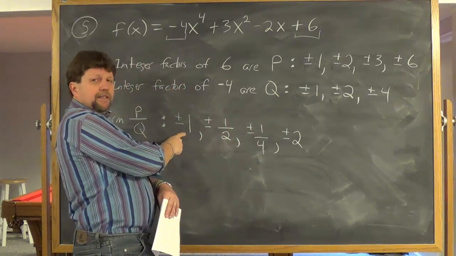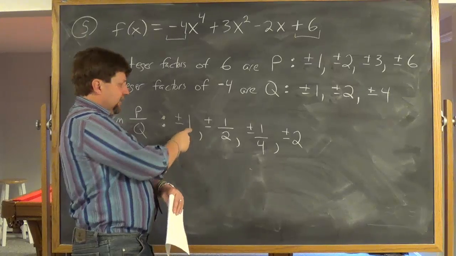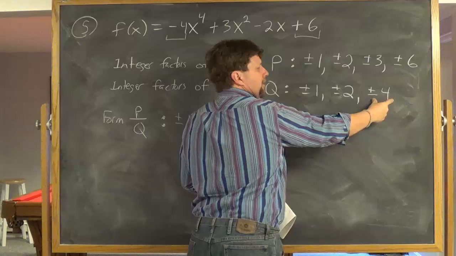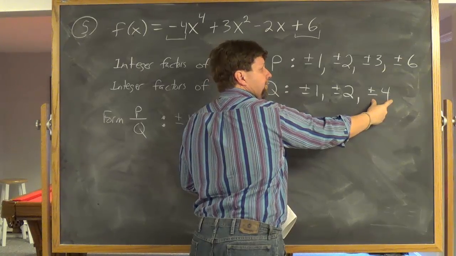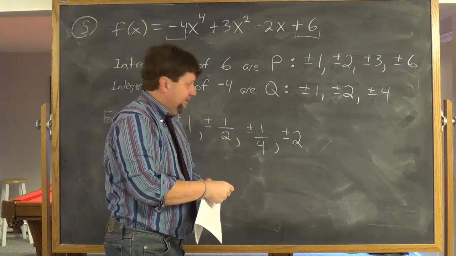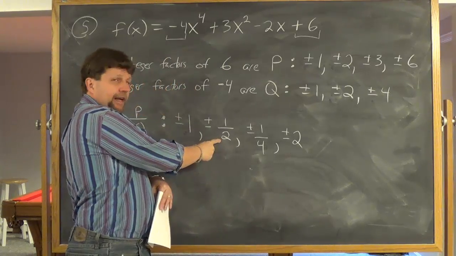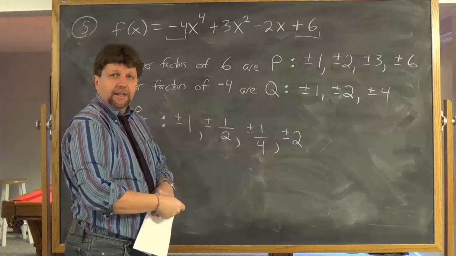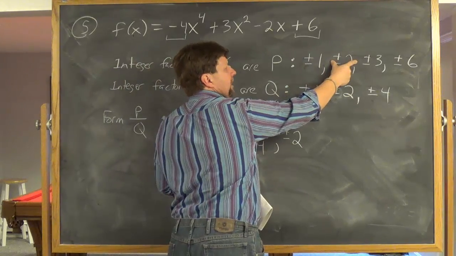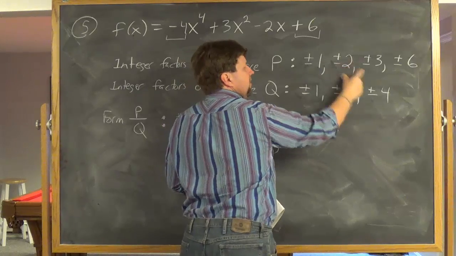I already have that listed, so I don't have to list it again. It's already in my list. Plus or minus 2 over plus or minus 4. Well, that would simplify down to plus or minus 1/2. I already have that listed. I don't need to list it again. So I've done every combination of having the plus or minus 2 over each of these q's.